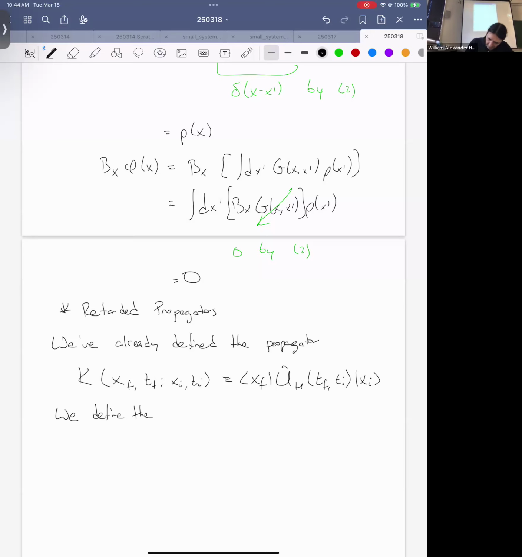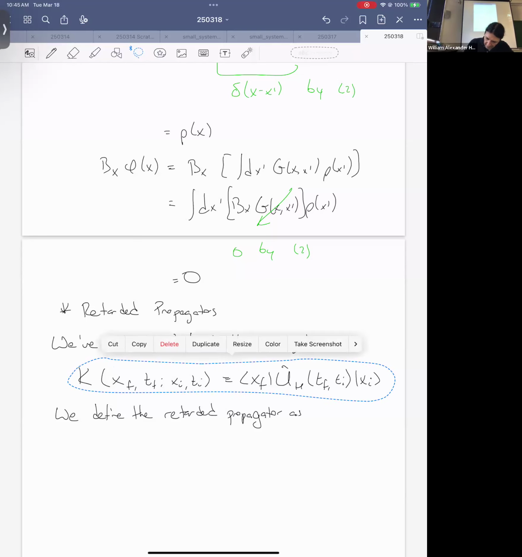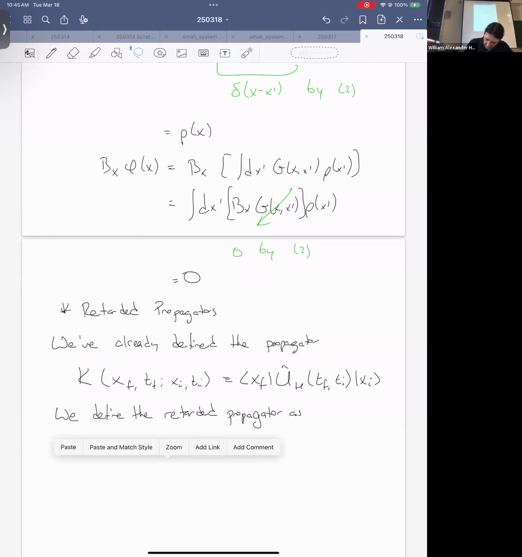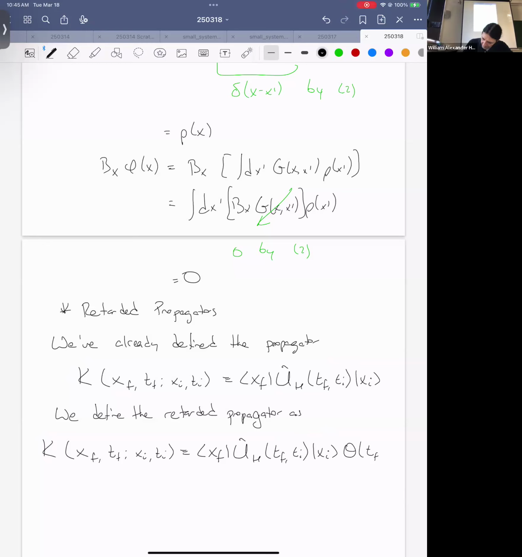We define the retarded propagator as the same thing, but with a theta function that guarantees that the final time is greater than the initial time.